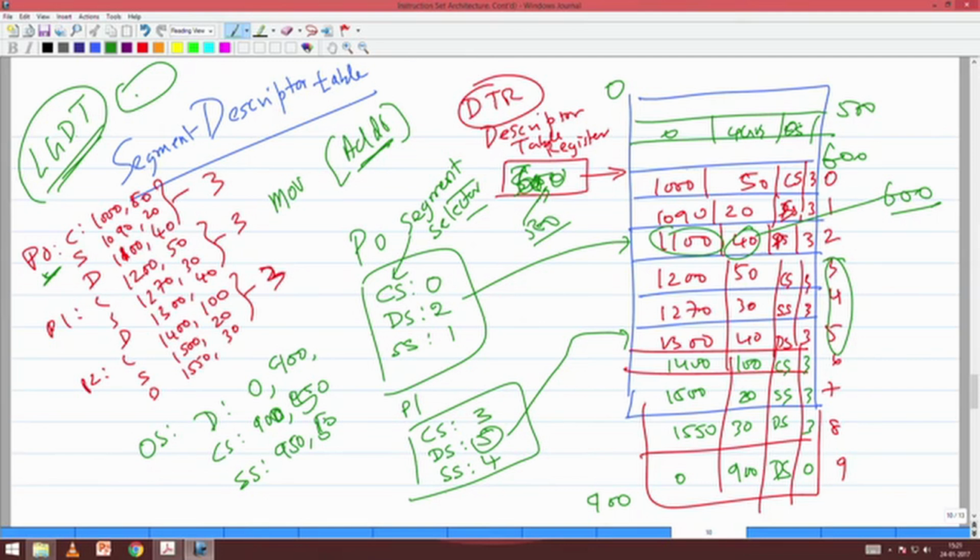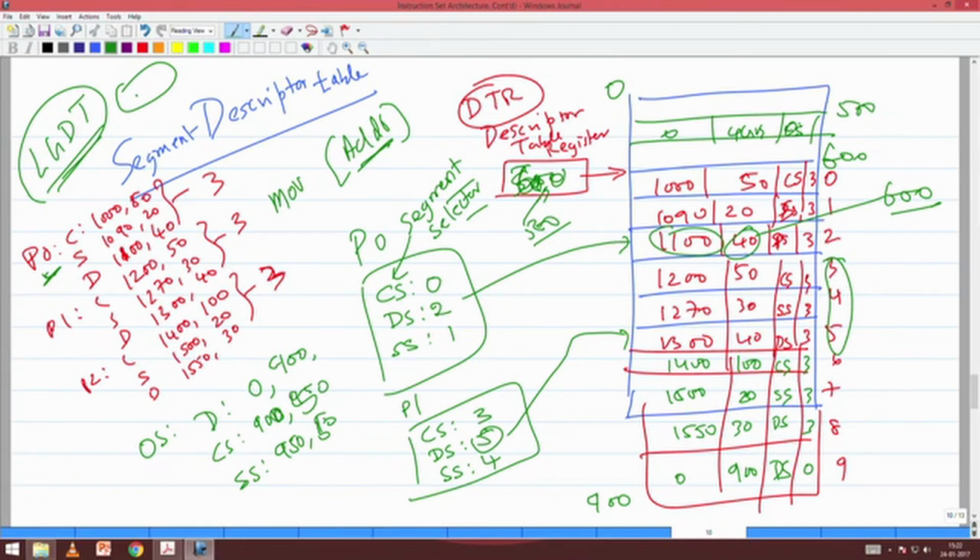And if process 0 wants to go and execute the command LGDT, process 0 is at which privilege level? 3, right. Now LGDT is a privileged instruction. Privileged instruction means who can execute LGDT? Only a PL0 code can execute, right.